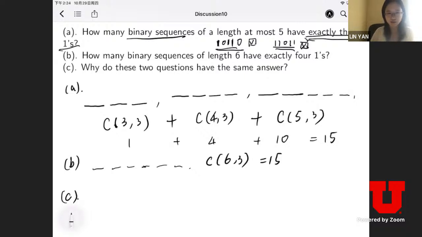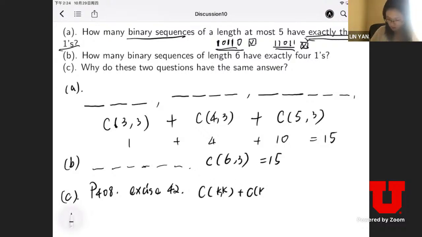Actually, there is a theorem that states, on page 408, exercise 42: C(k,k) plus C(k+1,k) plus up to C(n,k) is equal to C(n+1,k+1).